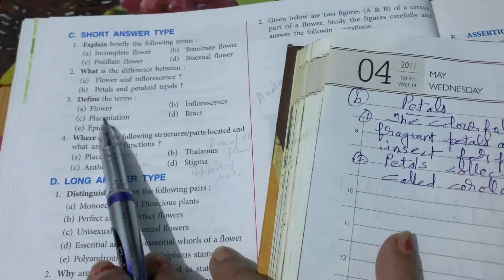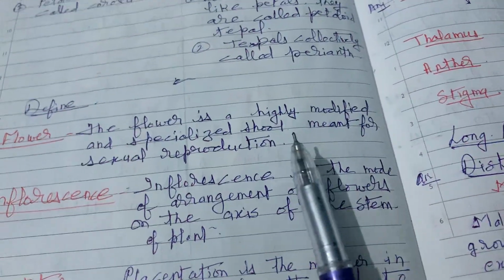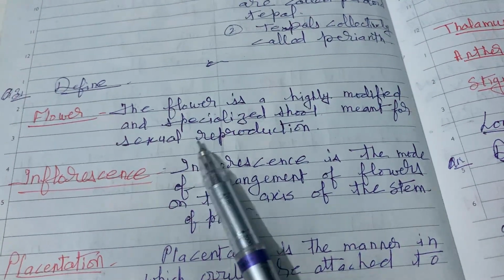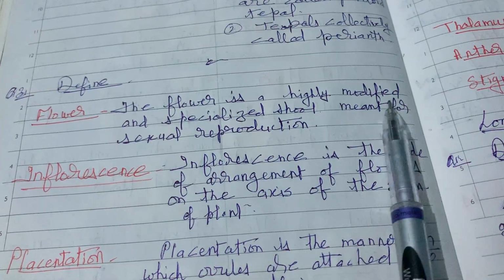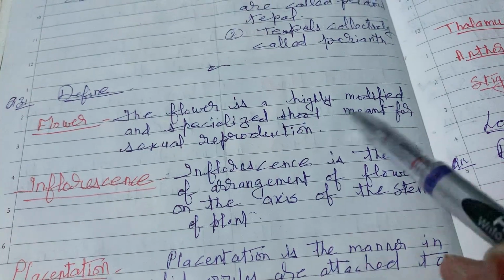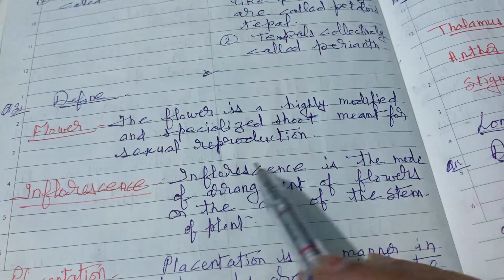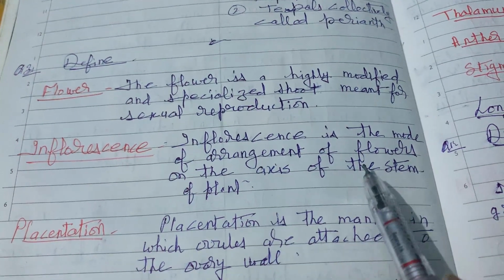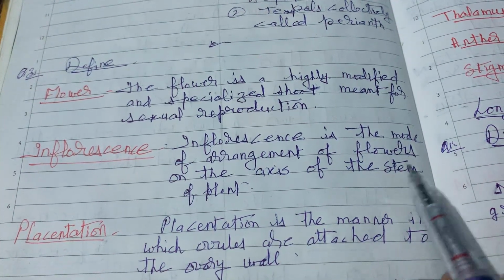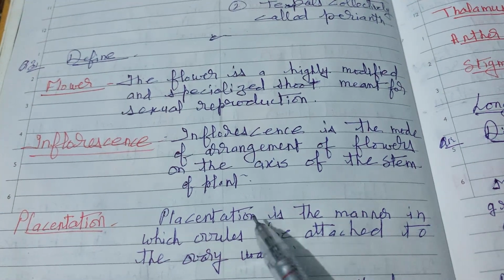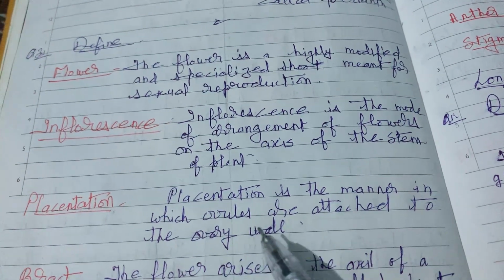Now the next one, define the terms. Flower, as you know already, is a highly modified and specialized shoot meant for sexual reproduction. Inflorescence, mode of arrangement of flowers on the axis of the stem of plant. What is placentation?